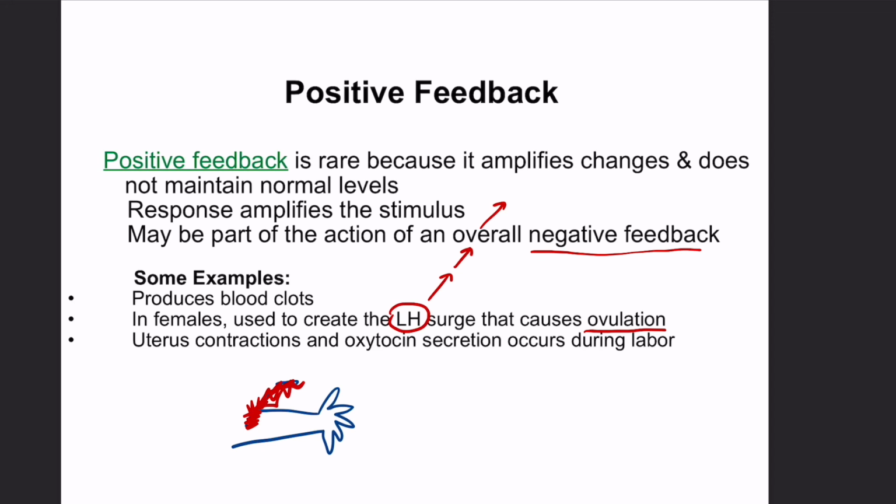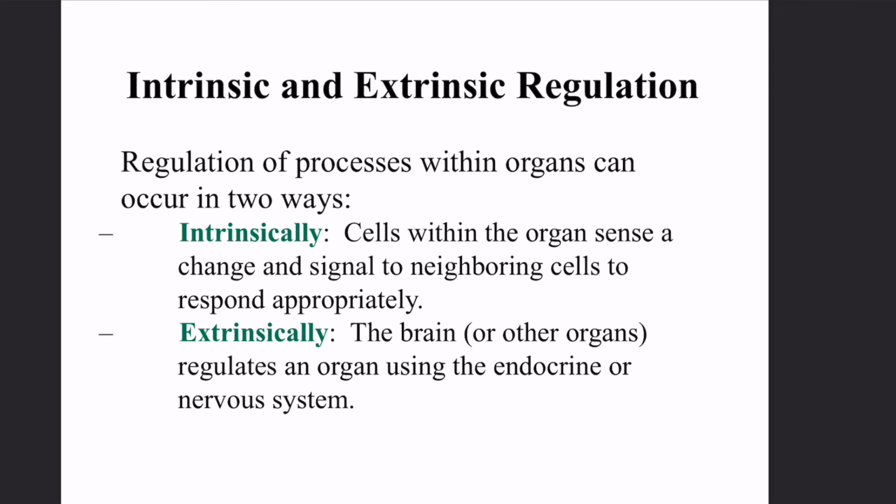Another example is uterus contractions and oxytocin secretion during labor. If you've ever had a baby before, those contractions increase and increase and increase until you have ejection of your baby. And then that brings you back to homeostasis. There are two ways in which we regulate homeostasis. Intrinsically, intrinsic sounds like inside.